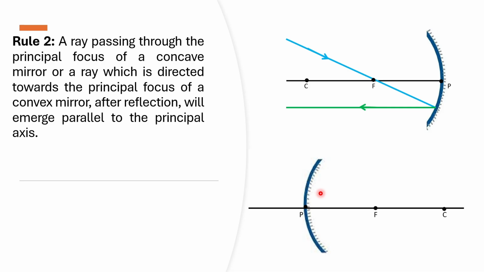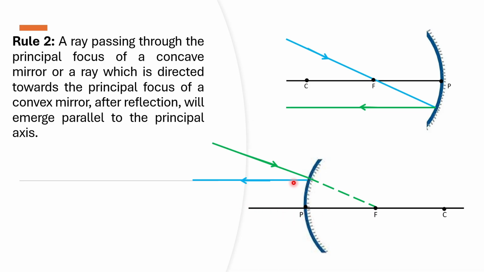Now let's see for convex. See how it works. A ray which is directed towards the focus, see, the arrow shows it is going towards the focus. Then what happens to the ray? After reflection, it becomes parallel to the principal axis. This is your principal axis.